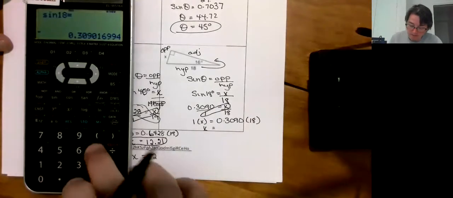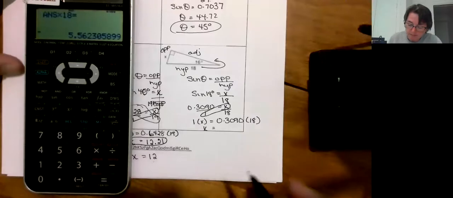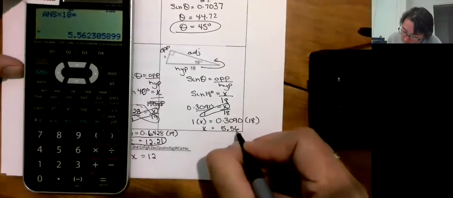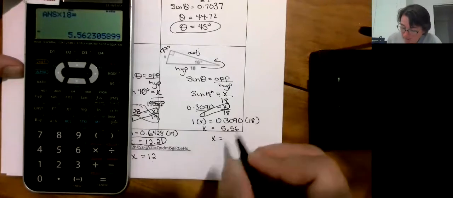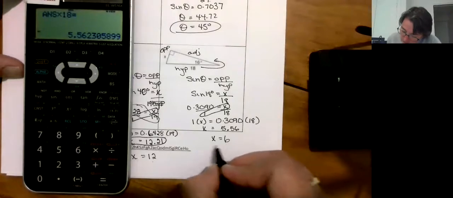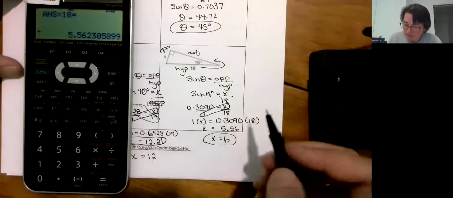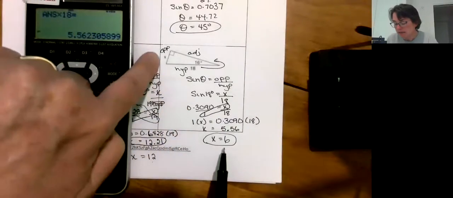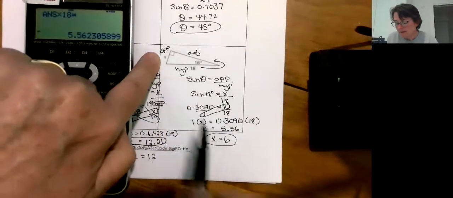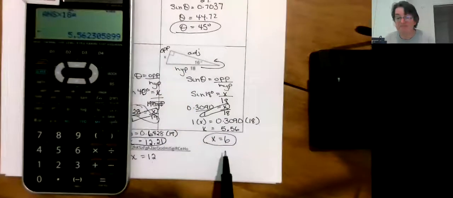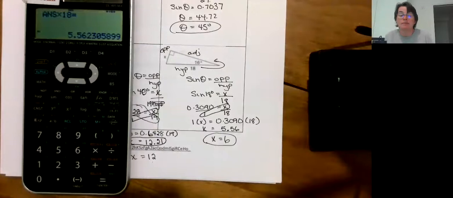I'm not going to retype it. X is equal to, same as before. If this is a whole number, I'm going to round this to 6. That is my best guess for that. And about the only thing I can say is that this number, because it's the opposite side, has to be smaller than the hypotenuse. 6 is smaller than 18.